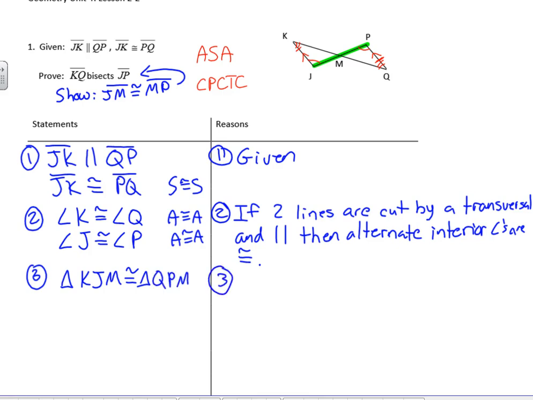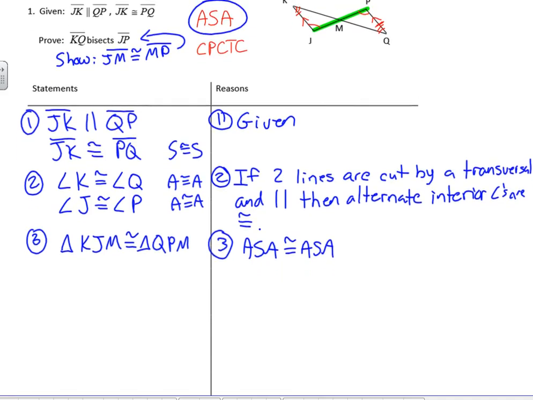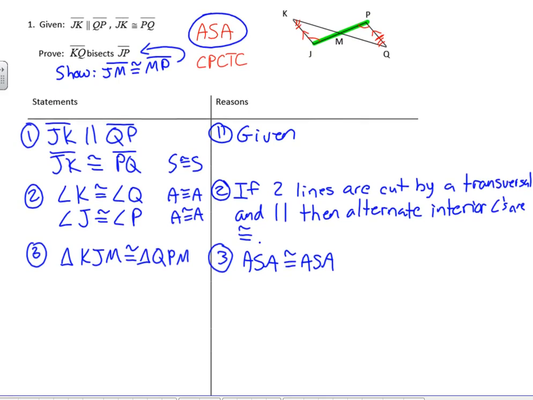Now, the reason is not the order that those things come in your proof. The reason is the order that they are on the triangle. So this is angle, side, angle, congruent to angle, side, angle. That's a mistake sometimes people make as well. I wrote them out in my proof, I did the side first, so does that mean...? No, it's how it is on the diagram.